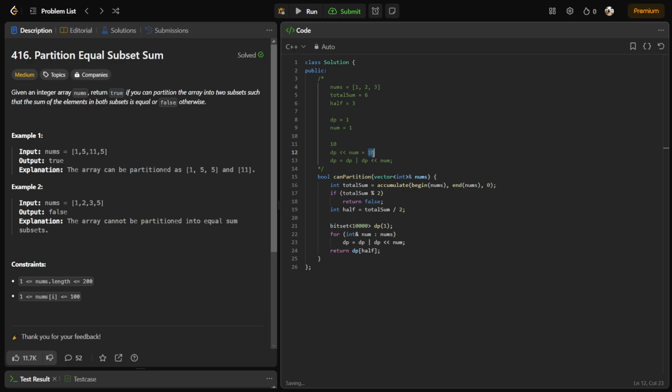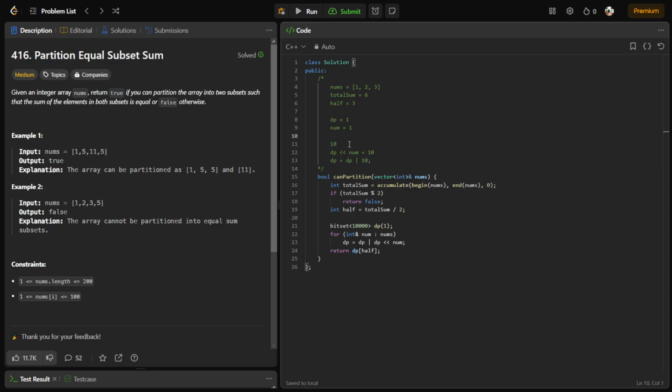But in this case, obviously, since this is bitwise, in number terms it will mean 2, right? But anyways, this is 10. We're not interested in the number, we're interested in the position of the 1s and 0s in this case. This is 10, and we are just doing an OR of dp and 10 itself.